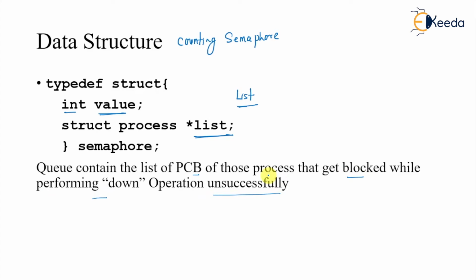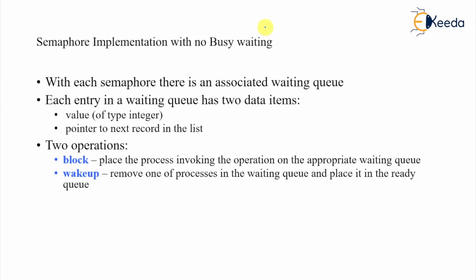Now this is something different. Here we are maintaining a data structure from the implementation point of view. This is the integer value, and this is the list of the processes which get blocked. Now somehow we are getting rid of busy waiting, because busy waiting is just a waste of resources, a waste of CPU time.